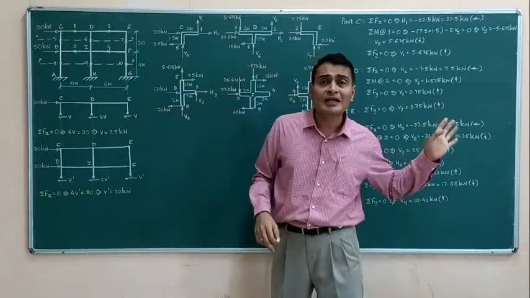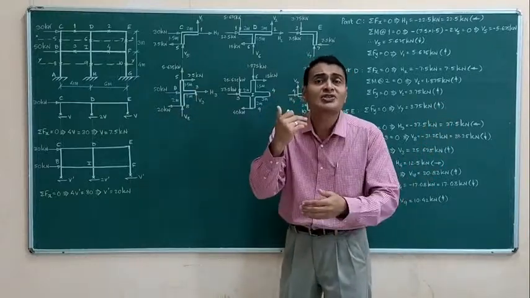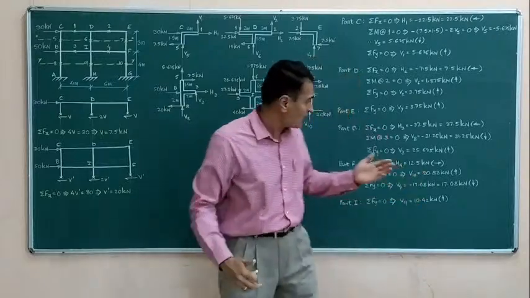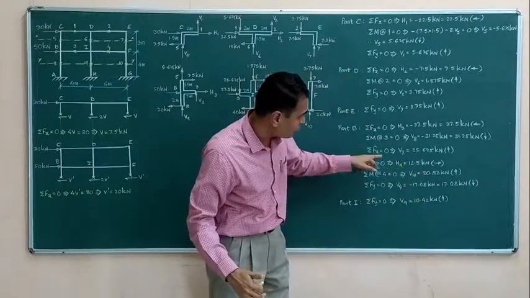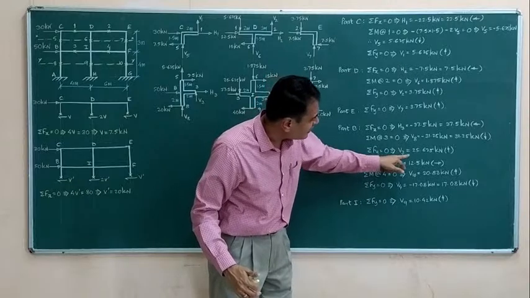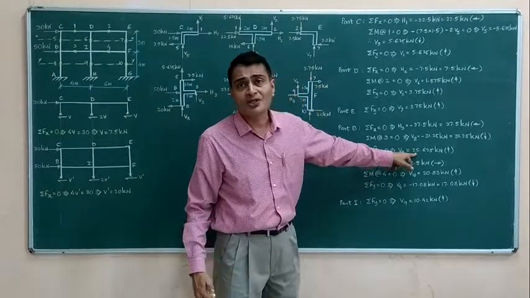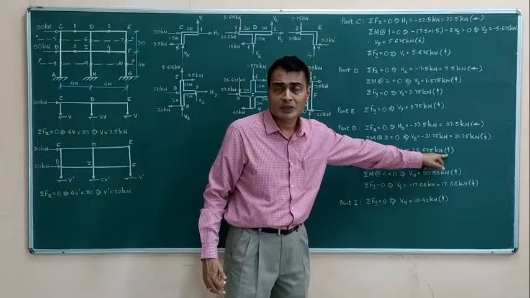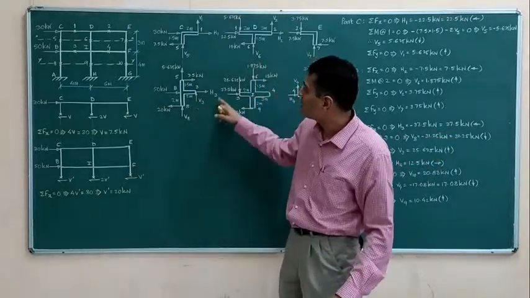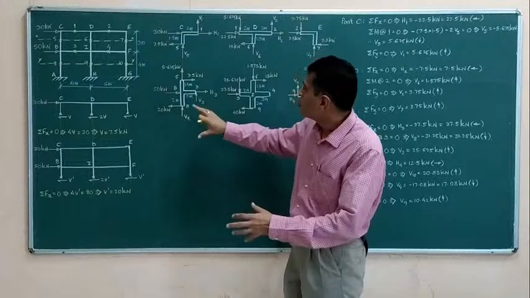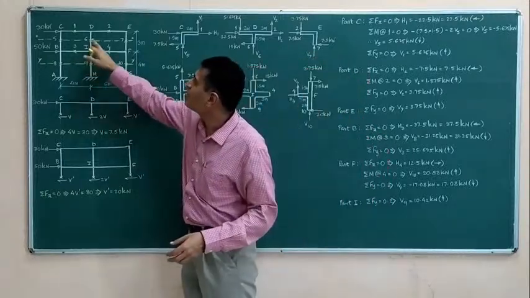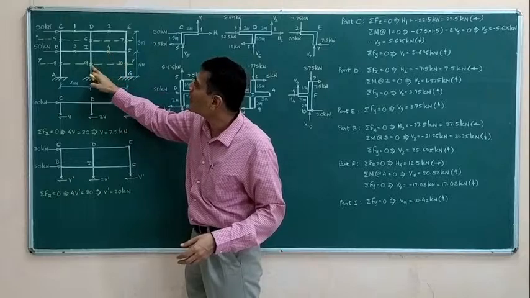I mean, you are getting a negative answer, so I am changing the sign. Instead of upwards, it should be downwards. And then you are applying sigma Fy equal to 0. You are getting V3 is equal to 25.625 kilonewtons upwards. Great. Once you have these values, you can draw the adjoining portion, that is 3 to 6 to 4 to 9.